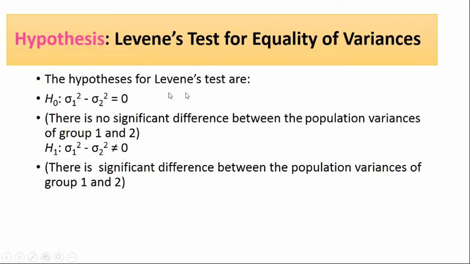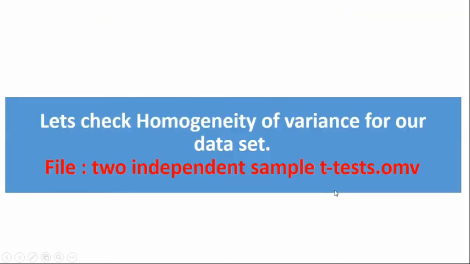For this, we will take hypotheses. The null hypothesis: variance of group 1 minus variance of group 2 is equal to 0, meaning there is no significant difference between the population variances of group 1 and group 2. Alternate hypothesis: variance of group 1 minus variance of group 2 is not equal to 0, meaning there is a significant difference between the population variances of group 1 and group 2.